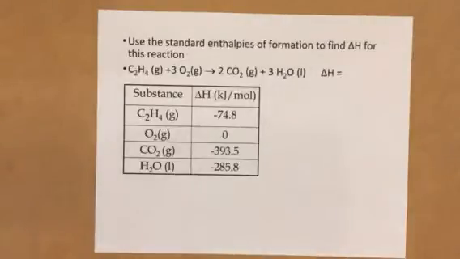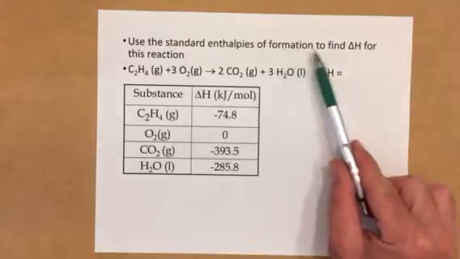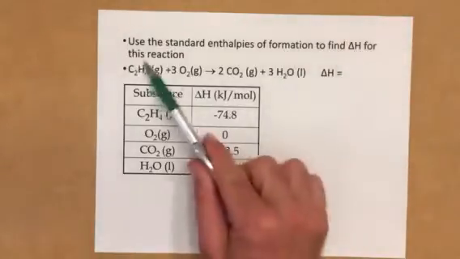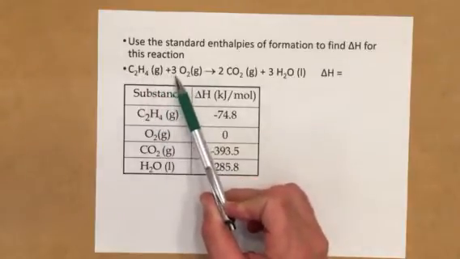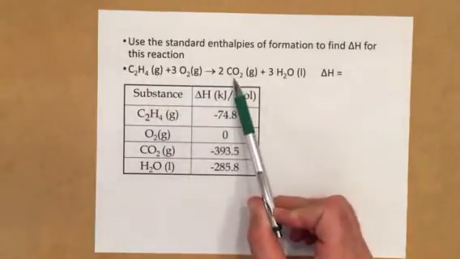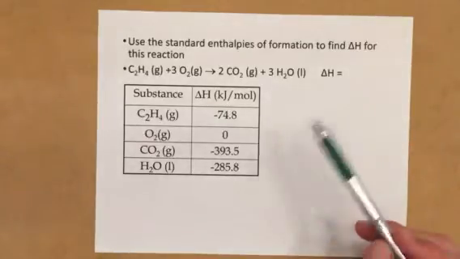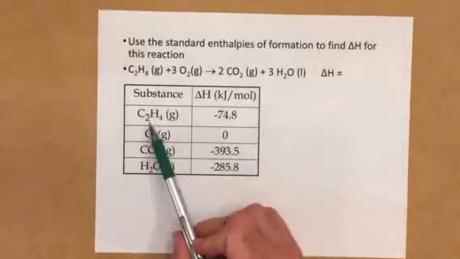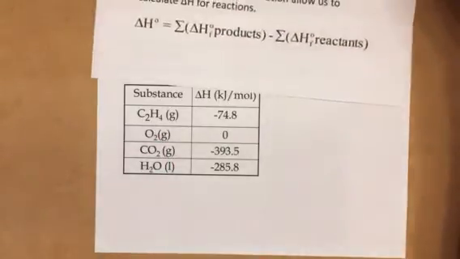All right, so here is an example. It says, use the standard enthalpies of formation to find the enthalpy change for this reaction. So we have C2H4, and it's reacting with 3 oxygens to produce carbon dioxide and water. And what we need to do is use this equation.